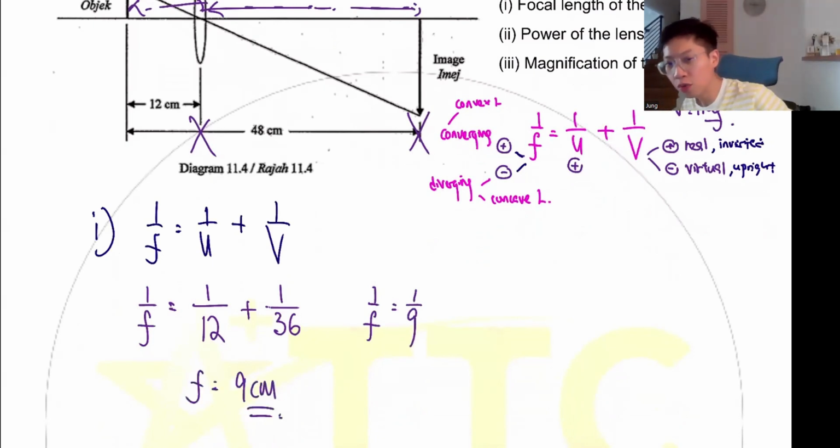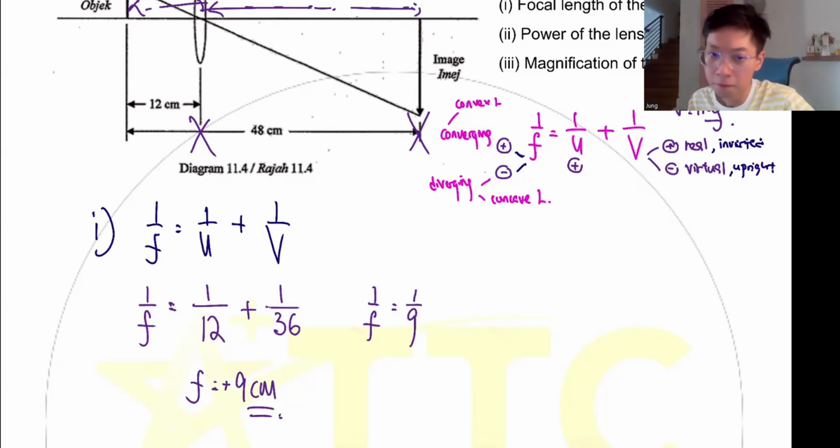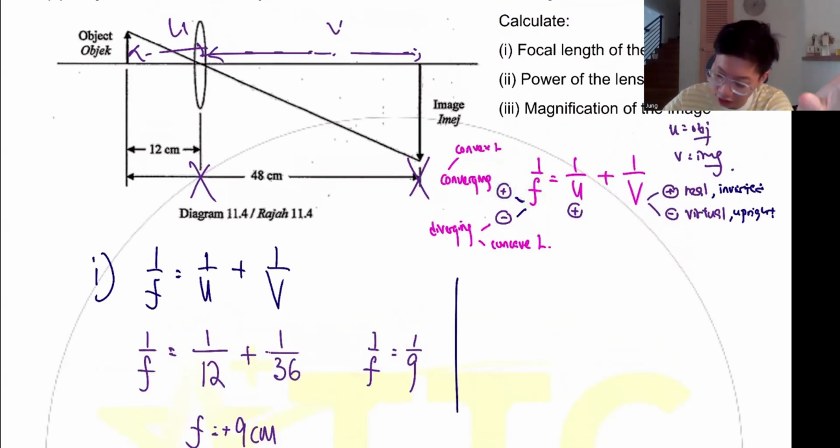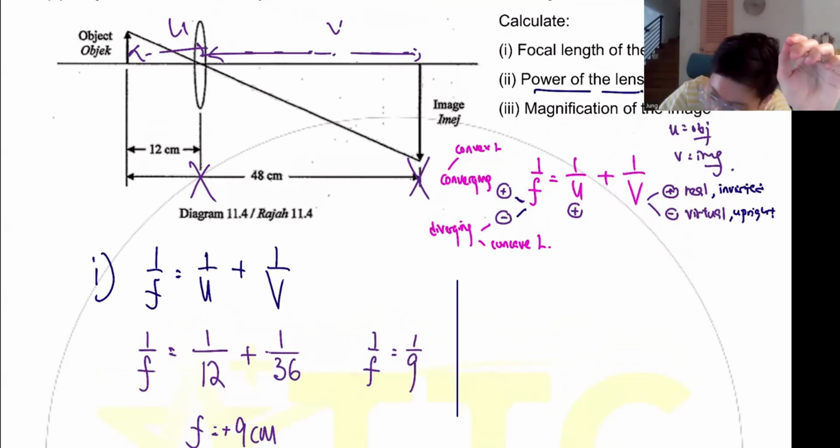For this one, we do not necessarily need to change to SI unit. It's just positive 9 cm. You don't write positive also can. But should the answer be positive? Yes, because this is a convex lens. So based on the answer I get, I check: my focal length is positive, so this is a convex lens. That means this is actually a correct answer.